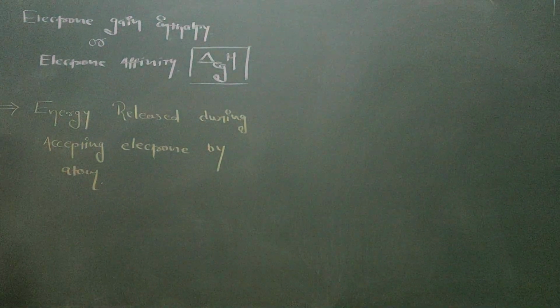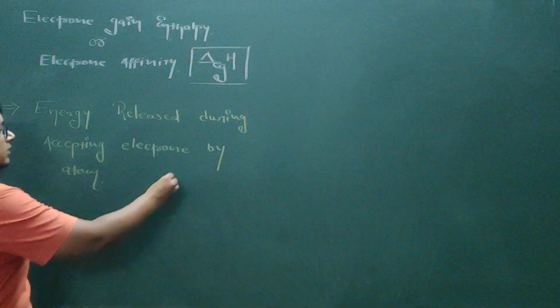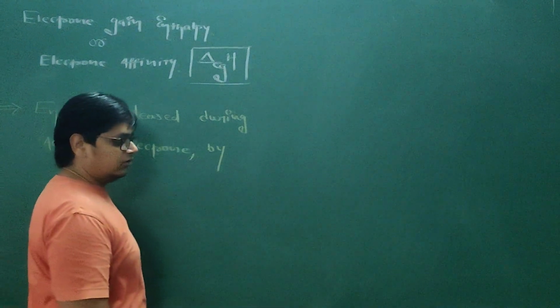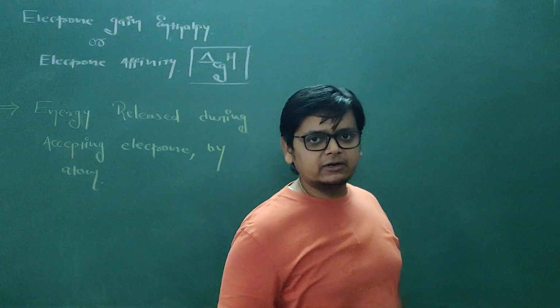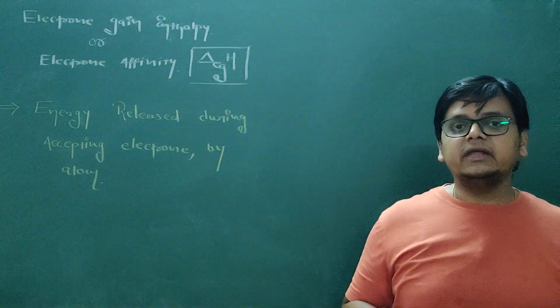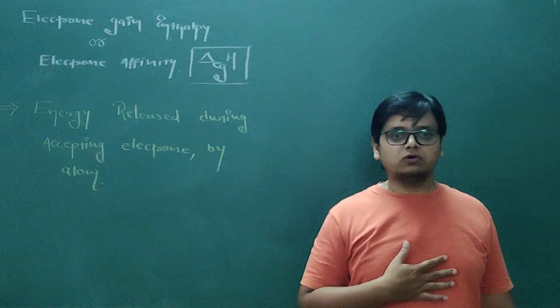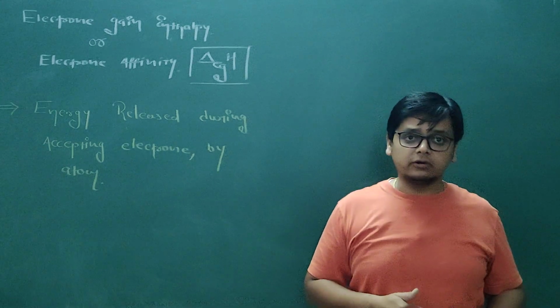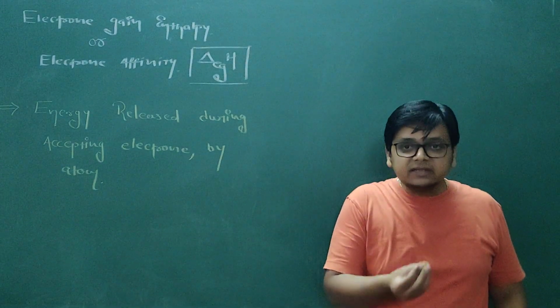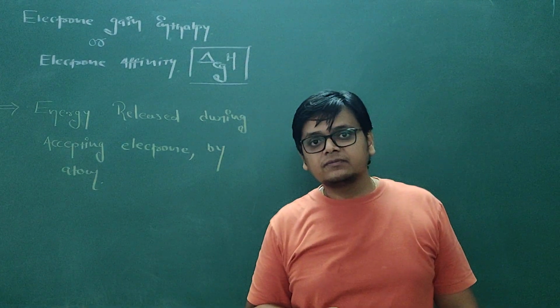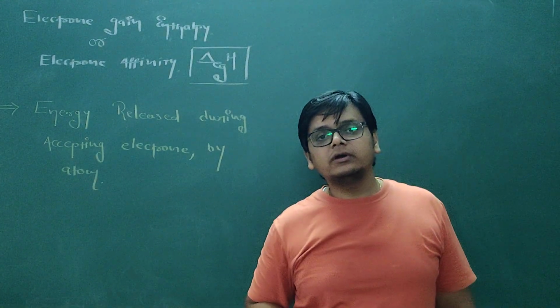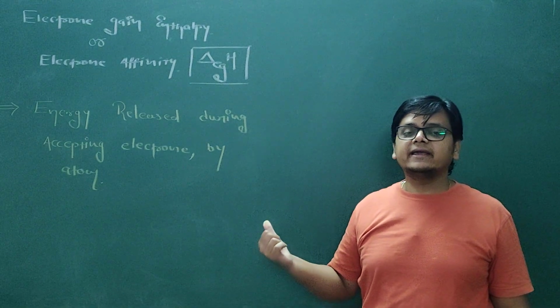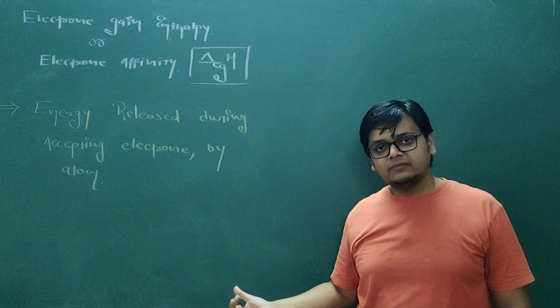Energy released during accepting electron by atom. When any atom accepts an electron, when it gains an electron, it releases some amount of energy, and that energy is called electron gain enthalpy.